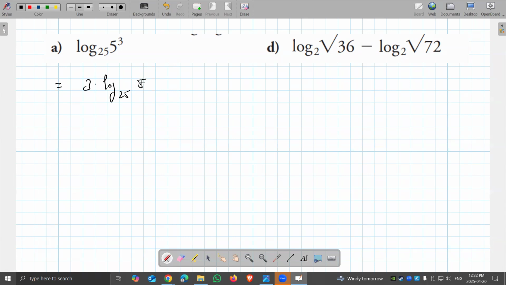Bring the 3 out. And now you're asking yourself, 25 to the power of something is 5, right? Look at this. 25 to the power of something is 5. How do we solve this equation for x?